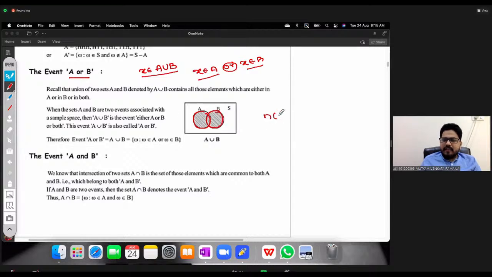And N of A union B, the number of elements in A union B, is equal to N of A plus N of B minus N of A intersection B. Why? Because this portion is in A, and it is also coming in B. So we are considering it twice, so I'm subtracting once.